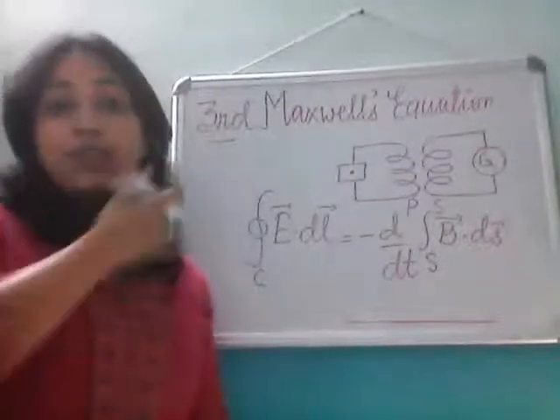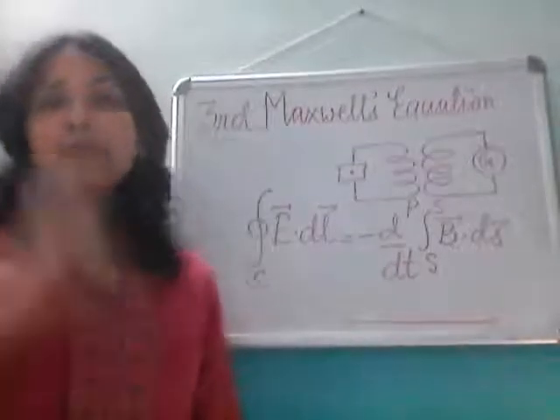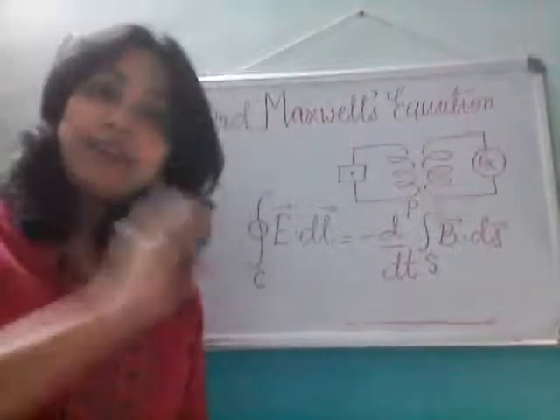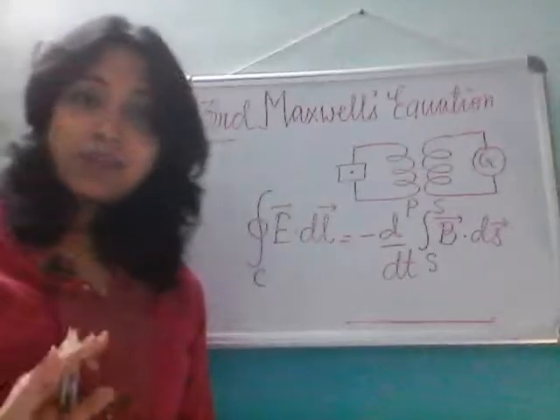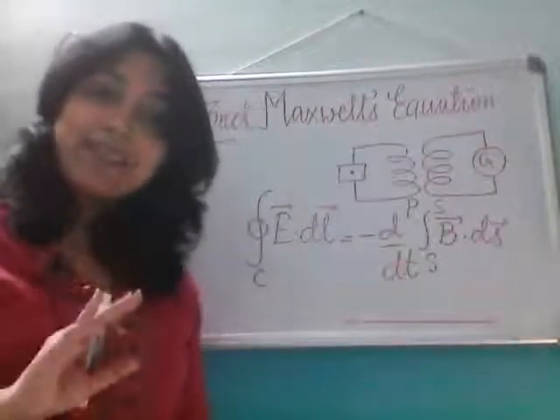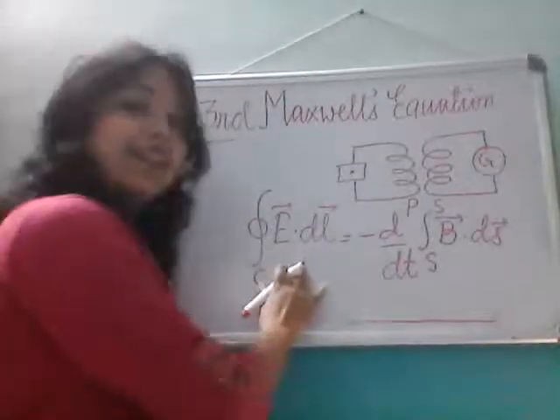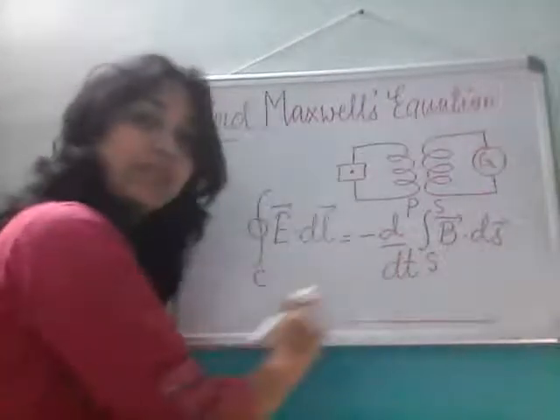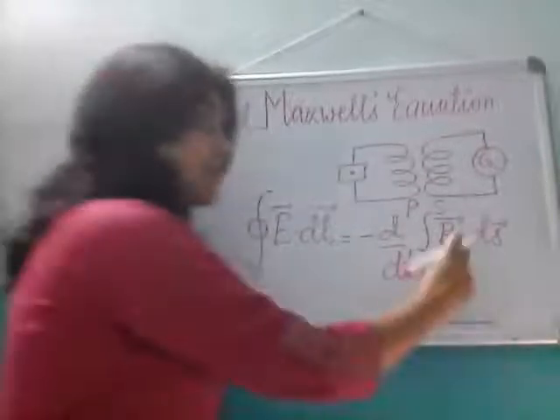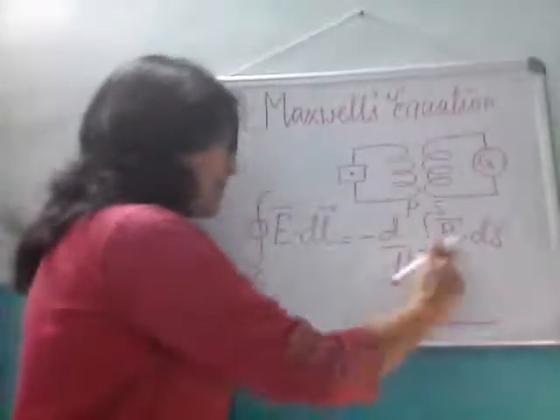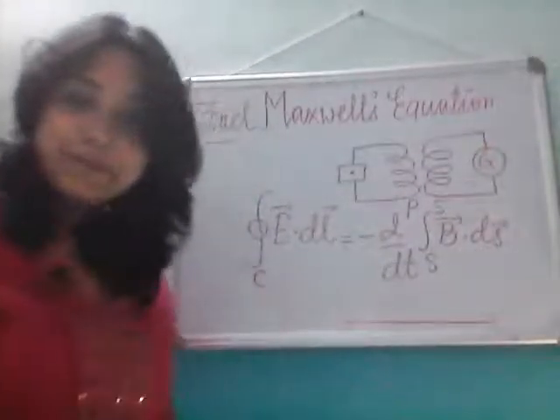Am I right? So we are just writing the various values in our Faraday's law. So EMF we have replaced by the line integral over the closed circuit of E dot dl, and magnetic flux has been written as its surface integral over the same surface that this circuit is subtending.